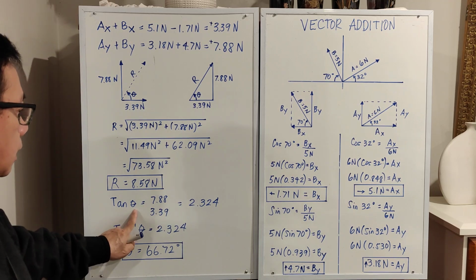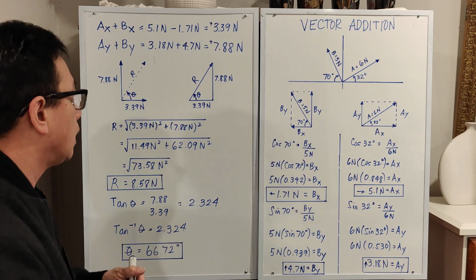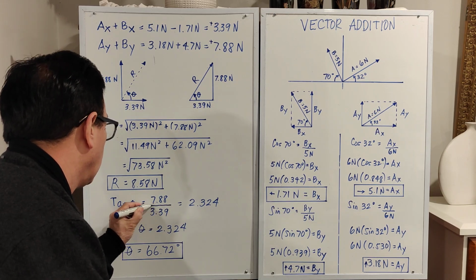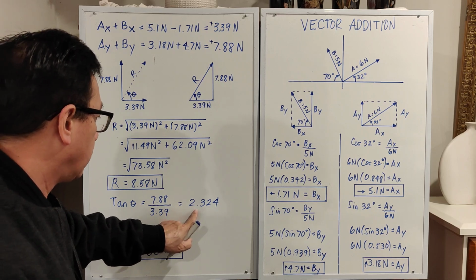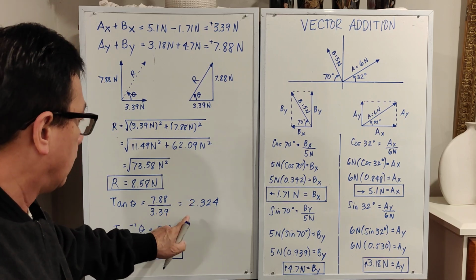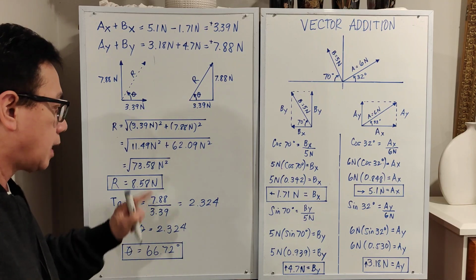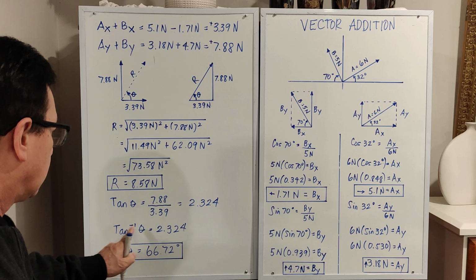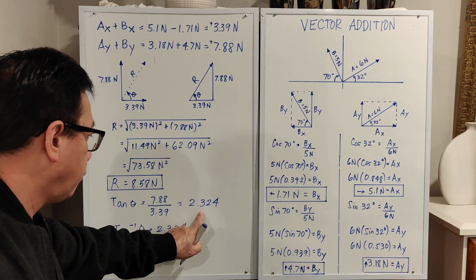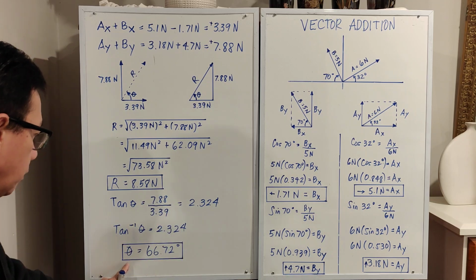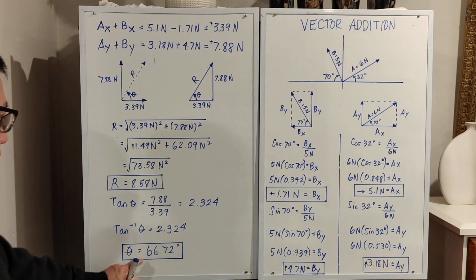So tangent theta is opposite, which is 7.88, over 3.39, which is equal to 2.324. So we need to get the inverse tangent to get the angle. Inverse tangent of 2.324 using your calculator will be 66.72 degrees. So this is your angle.